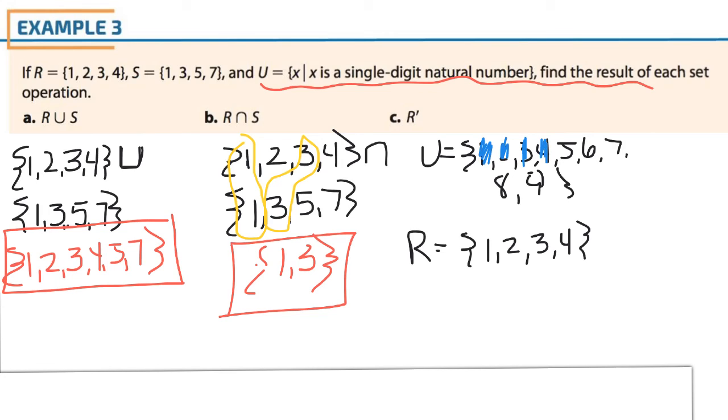So R prime, that's what that little apostrophe is. R prime is 5, 6, 7, 8, and 9. The set R prime is equal to the elements 5, 6, 7, 8, and 9.